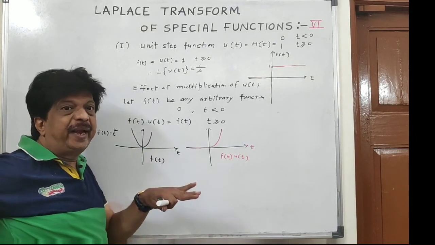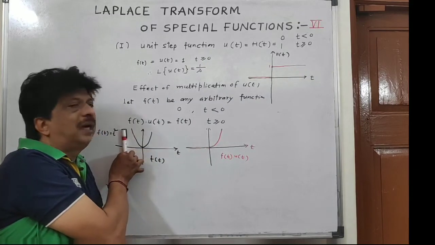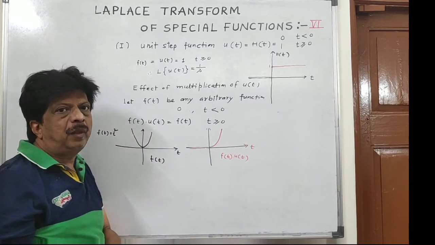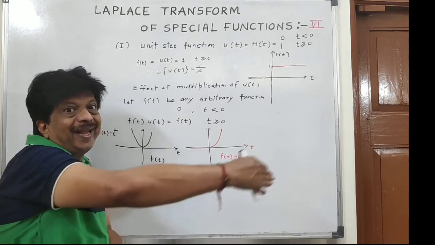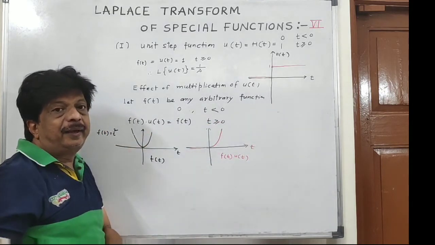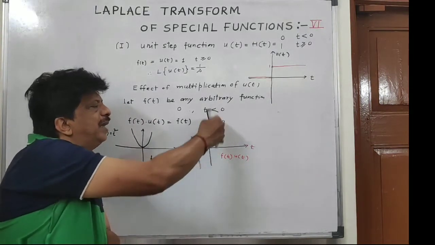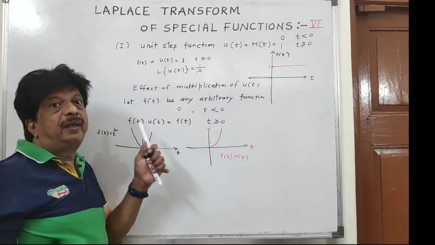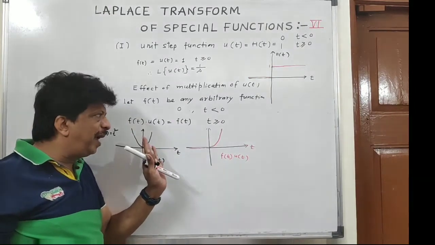It curtails the graph of this parabola; this much of the graph gets cut, gets filtered. It would allow the signal for t greater than or equal to 0. Only this much portion, this much signal, it will give. That is the effect of multiplication of u of t to any arbitrary graph f of t.